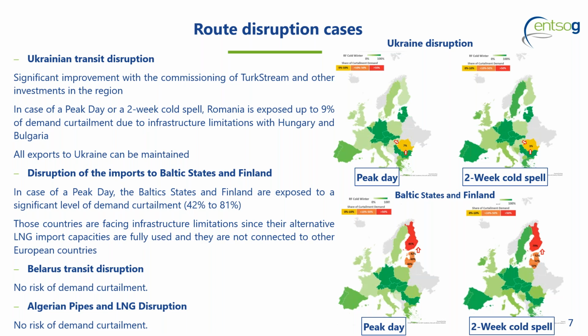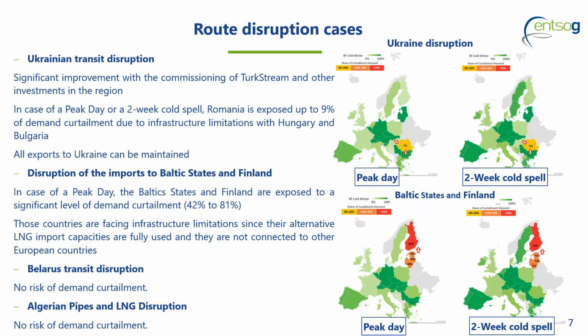So in the first case, especially compared to previous years, we see a significant improvement of the situation because of the commissioning of the Turk Stream pipeline, which is supplying the south east part of Europe with gas. It's giving an alternative route to the Ukrainian route, which means that we observe a significant reduction in possible risk of demand curtailment.